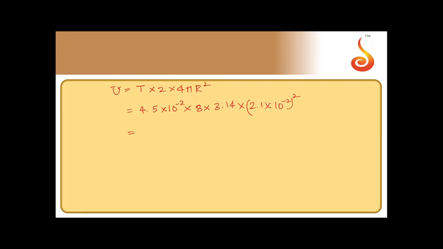So if you simplify, you will get 4.93 × 10^-4 joule. So that is option C.